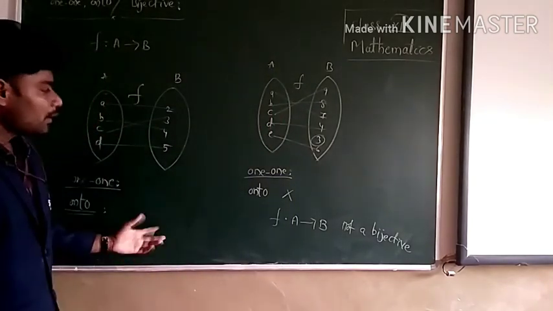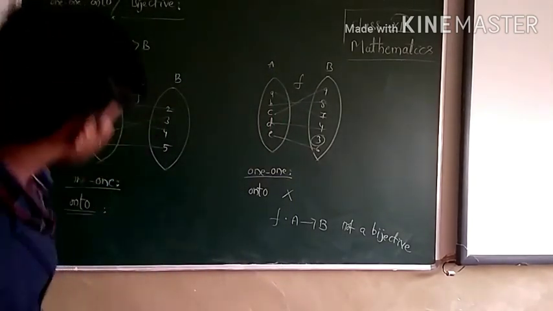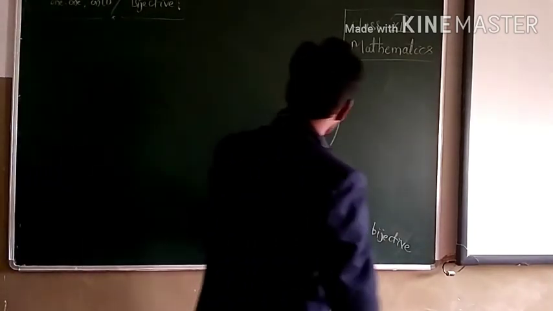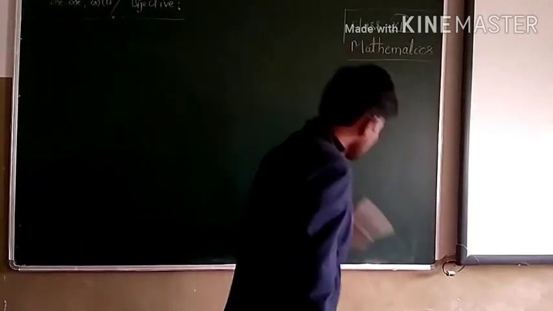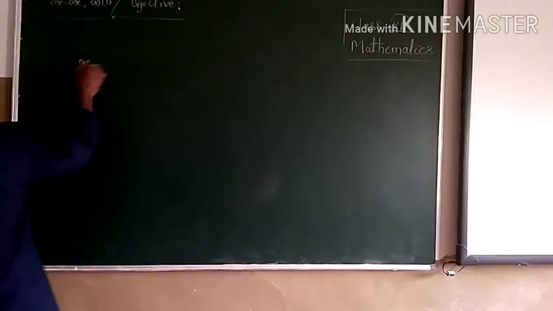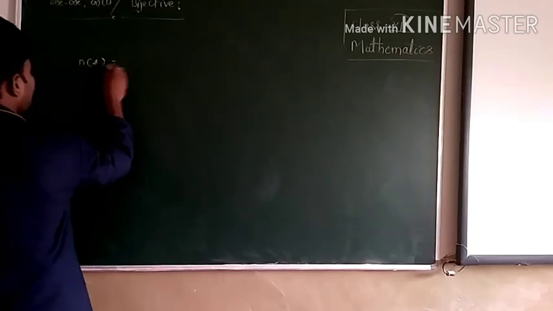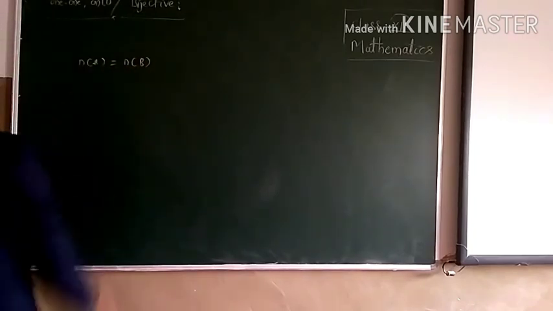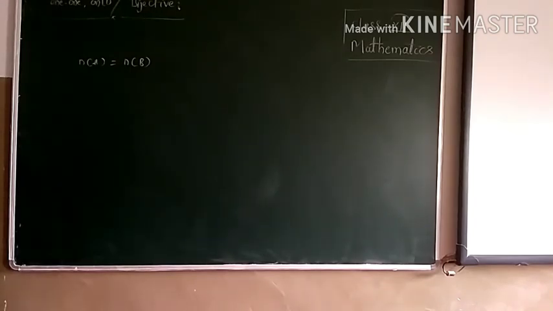Now suppose set A has p elements and set B has q elements. n(A) equals n(B) only, then only we can find the number of bijective functions.